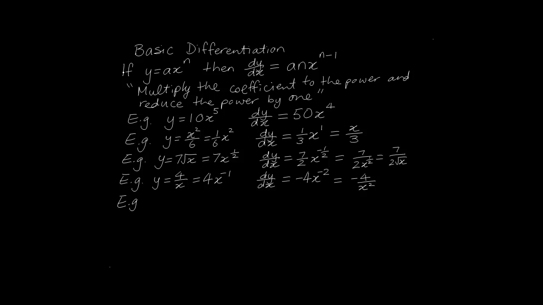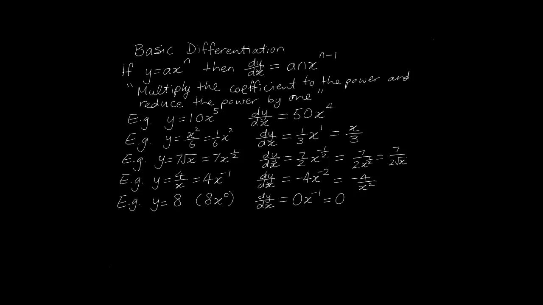Let's have a look at something like y equals 8. We can think of this as 8 times x to the power of 0, because x to the power of 0 is 1. The gradient function, dy/dx, would be 8 times 0, which is 0, and then x to the power of -1. Now 0 times anything will just be 0, so your gradient function dy/dx is going to be 0.